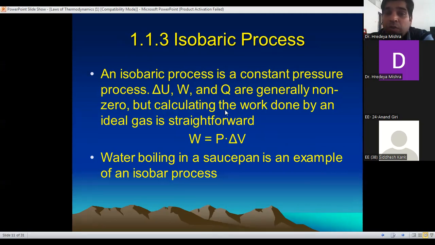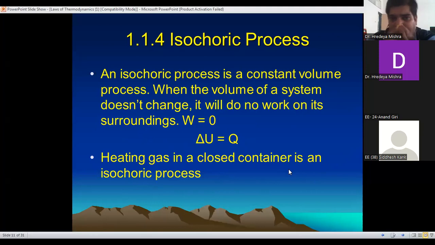But we calculate the work done by the ideal gas formula, W equal to P into delta V. For example, water boiling in a saucepan is an example of an isobaric process. The pressure does not change.